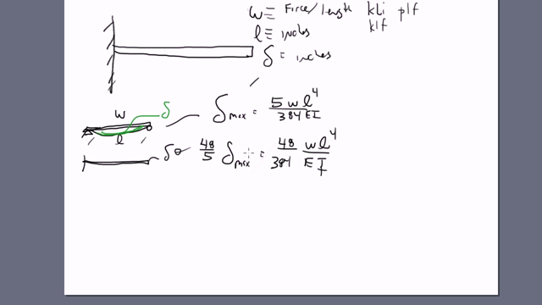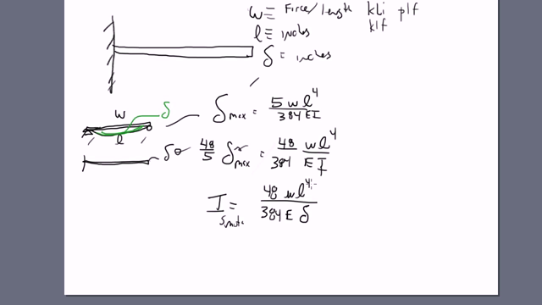And that's basically the equation. If now you want to solve for I, you can key in your delta max and you have something like: I required, or I sub-required, is going to be 48 WL to the fourth power over 384 E times the deflection.